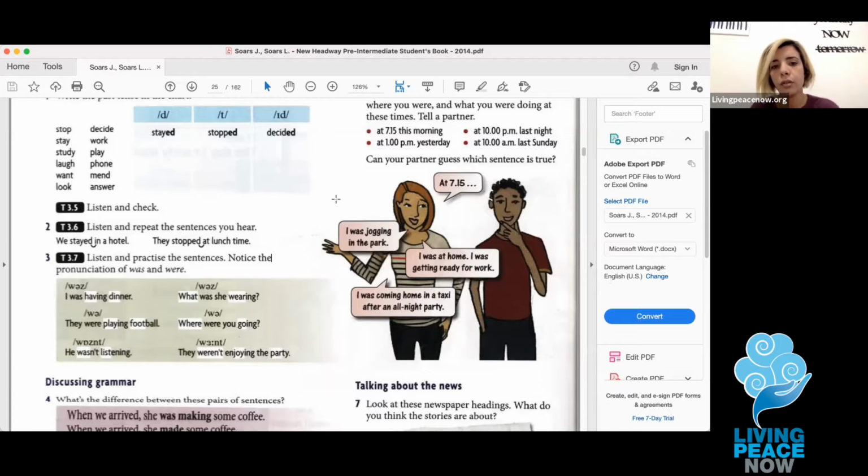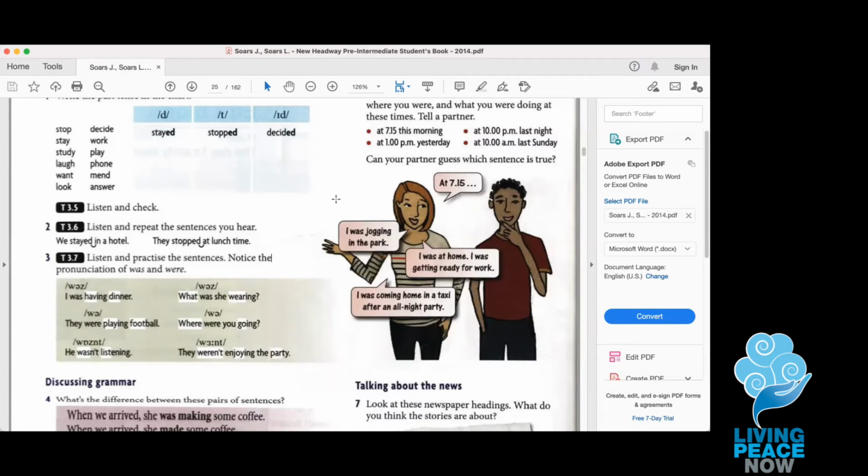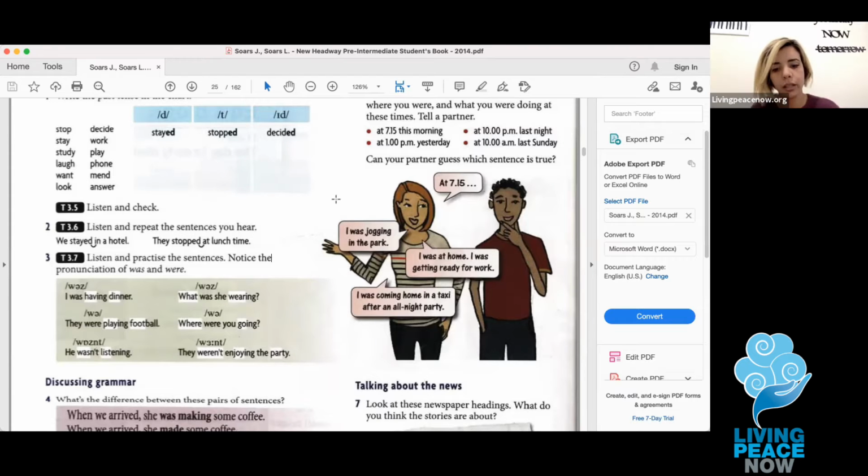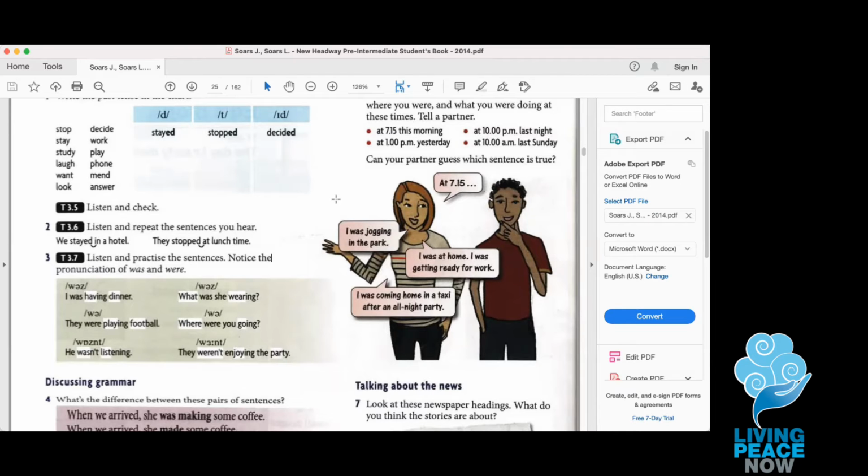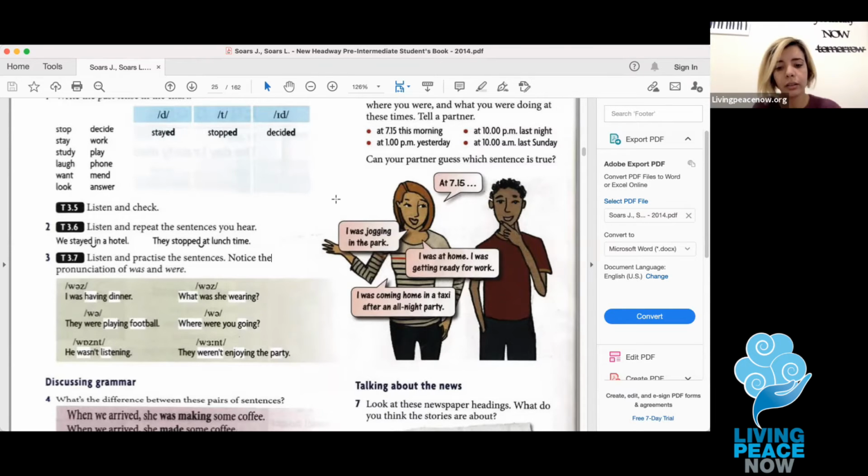So that's it for the positive. Now the negative of I was jogging. How do we say? I was not jogging in the park. So generally speaking, the rule is subject plus was or were, helping verb, plus not.